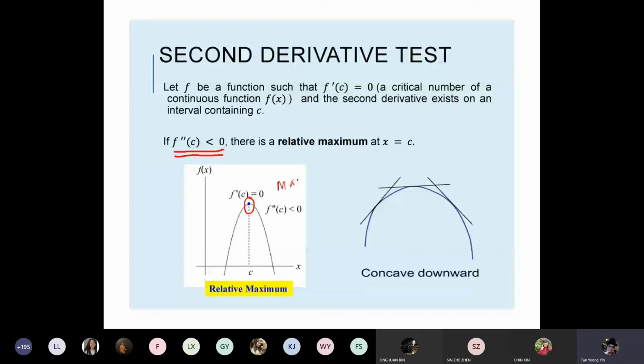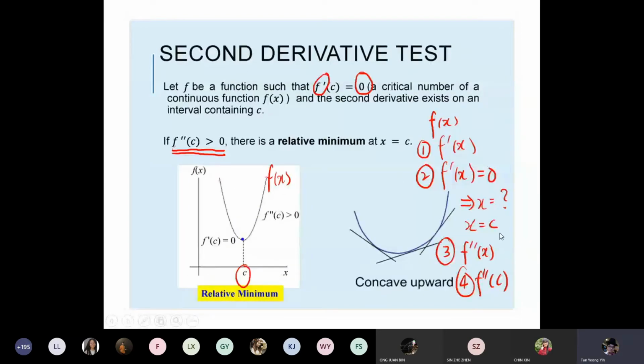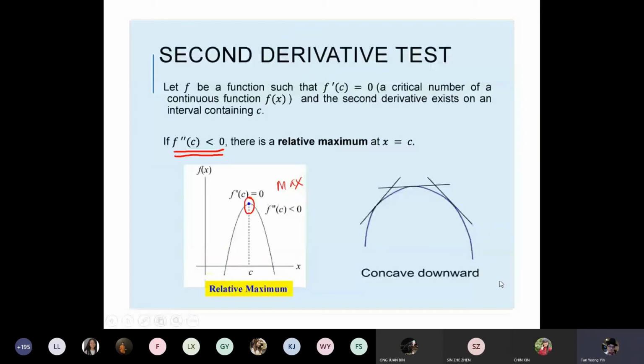The graph is concave downward, we say. Like this is called concave down. So it's a relative maximum point. So we have two situations when we substitute the c into the second derivative.